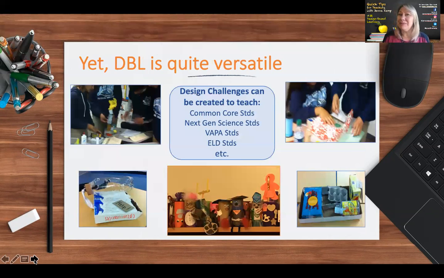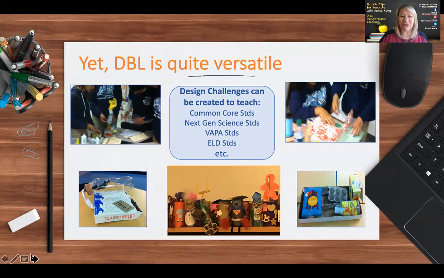Now, I find DBL to be really quite versatile. And as I moved from the school that used design-based learning as its framework for all instruction at that school, and I moved to a more traditional school, I took the elements of DBL and I adapted it to smaller curricular challenges that were just in my classroom, in my English language arts classroom.